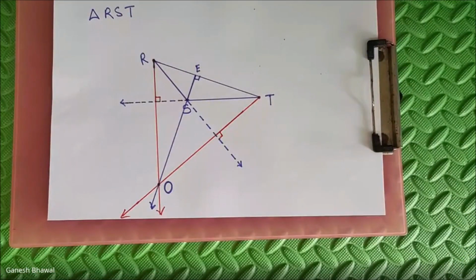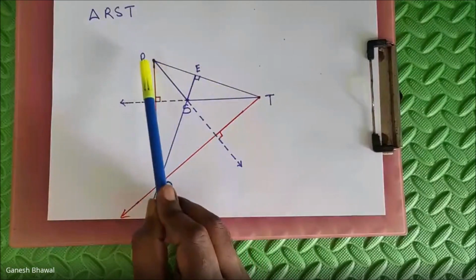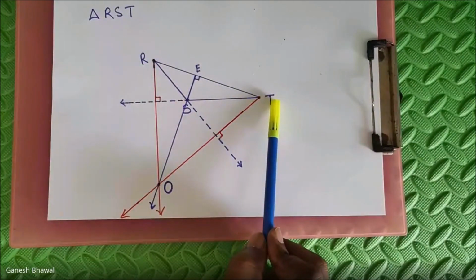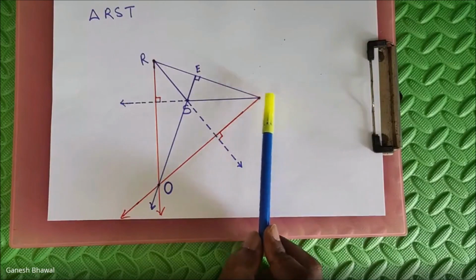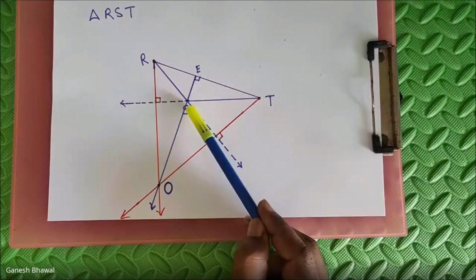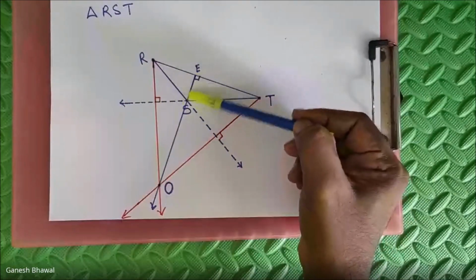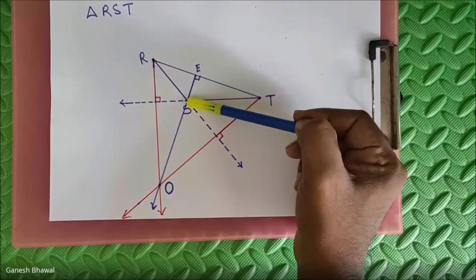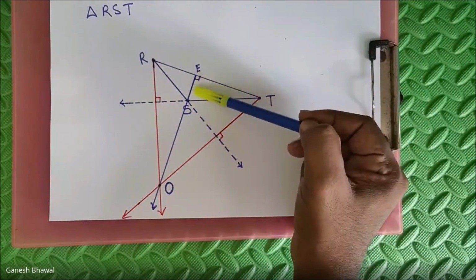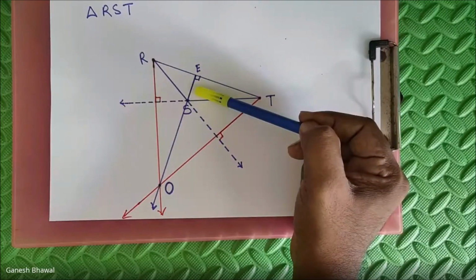I will repeat again what arrangement we have done. First we have to draw one triangle RST. We have to draw one altitude from vertex S on its opposite side RT, and that was easy because it comes properly, as I explained in the earlier examples.